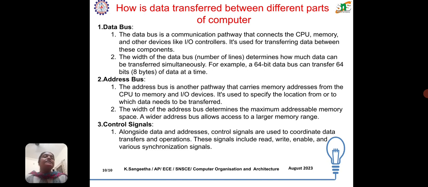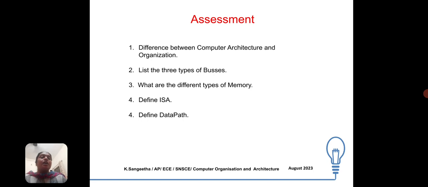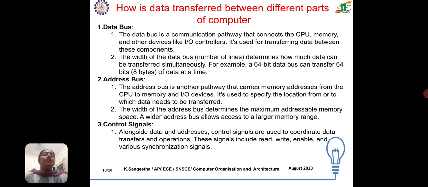And the address bus is another pathway that carries memory addresses from the CPU to memory and IO devices. It is used to specify the location from or to which the data needs to be transferred. And control signals, along with the data and addresses, are used to coordinate the data transfers and operations.